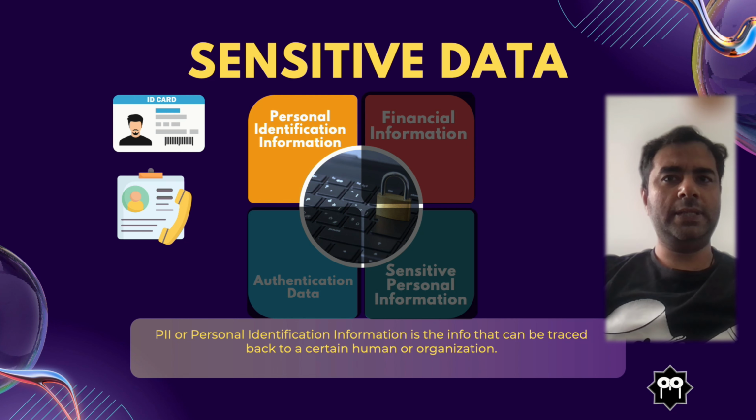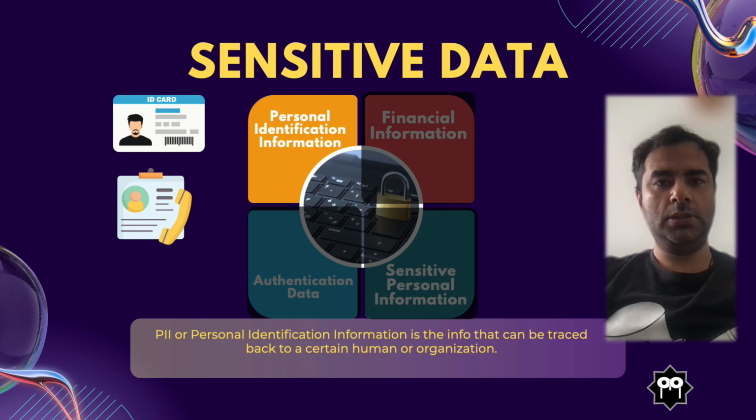PII, or personally identifiable information, is something really unique to the customer. If this information is exposed, the attacker will be able to identify the actions of this particular user. And this information can be used in other systems to harm or distress the user.